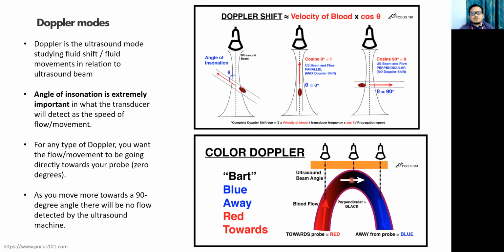So when you put it at the longitudinal axis, and the flow of the vessel is exactly parallel to your ultrasound beam angle, it will show as black. Okay, perpendicular equals black.